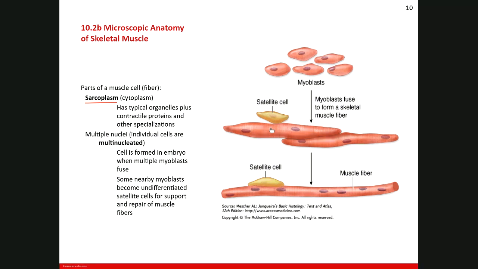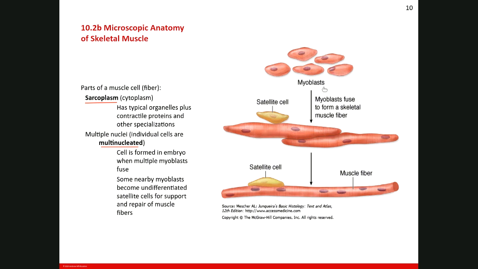The skeletal muscles are multi-nucleated cells. The meaning of multi-nucleated is that they contain more than one nucleus. During the fetal period, during embryonic development, we have stem cells which we call myoblasts. You remember that blast means a producing cell.